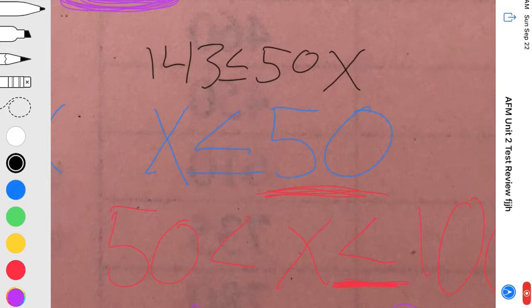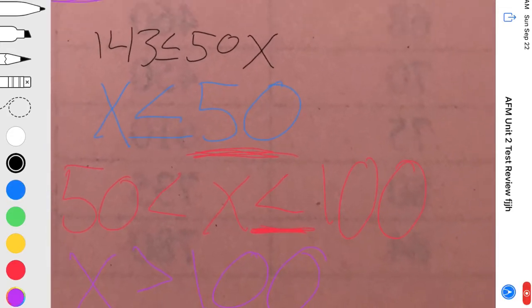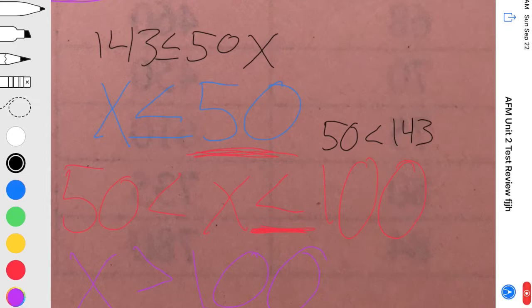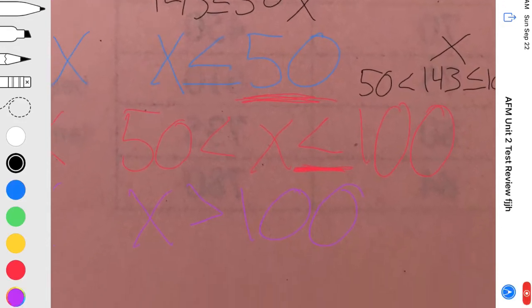No. So second step's restriction, 50 less than 143. Is 143 greater than 50? Yes. But is it less than or equal to 100? No, it is false. So we cannot use step 2.